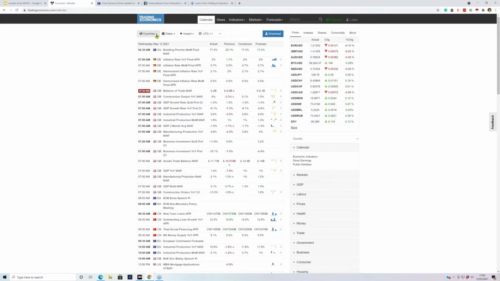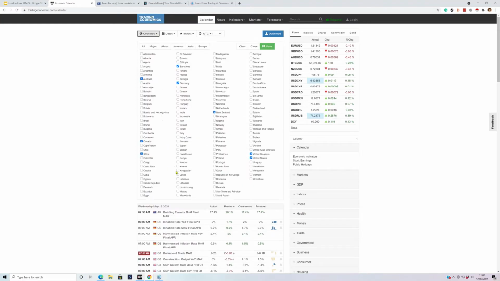And what you do is, you can have every single one of these releases for every single one of these countries. I don't suggest you do. What you need to do is have more than one calendar, because otherwise they will give you every single piece of data that you will never need.